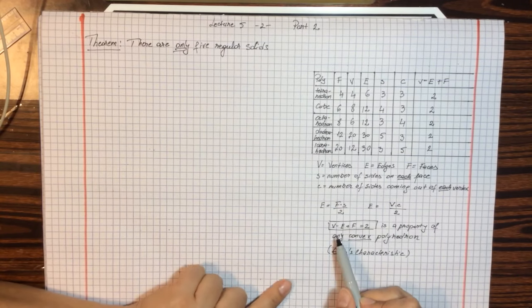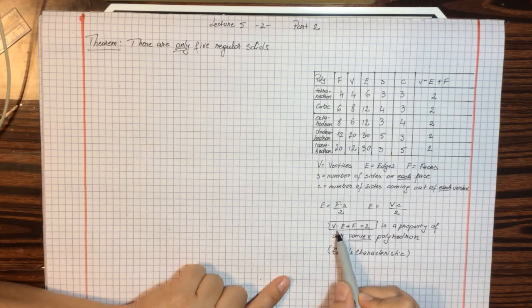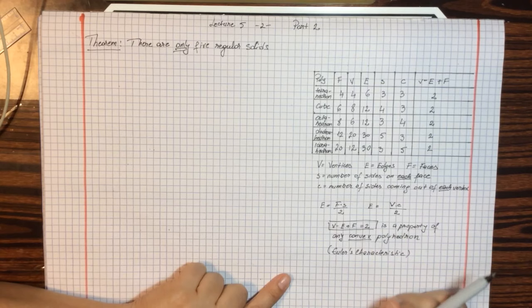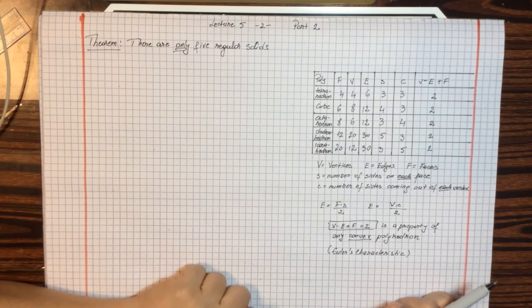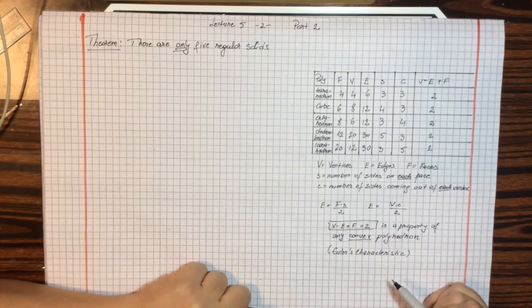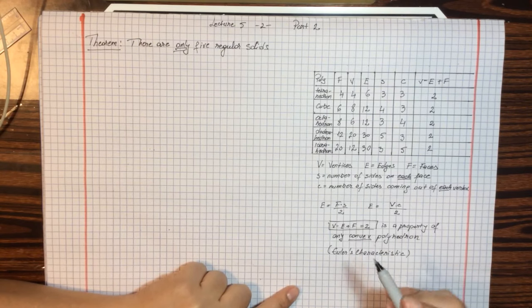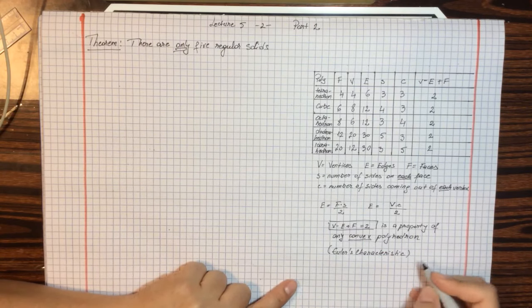In part 1 we also talked about Euler's characteristic, V minus E plus F always equals 2, and this is a property of any convex polyhedron. This is something that Euler proved in the 1700s, although it was a relationship that was known thousands of years before, but it was proved by Euler much later.